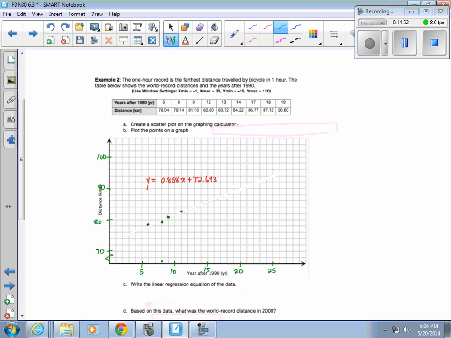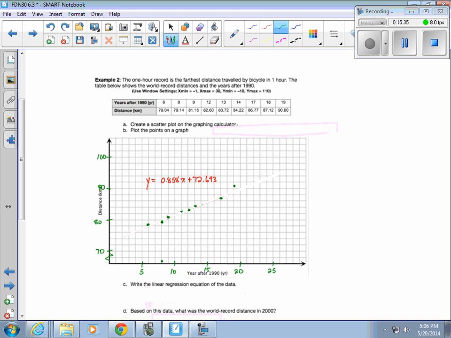Whoops, yeah, that's right, 13. 14 was 84.22. 17 was 86.77. And then 19 was 90.6. Okay, so that's what our data looks like.